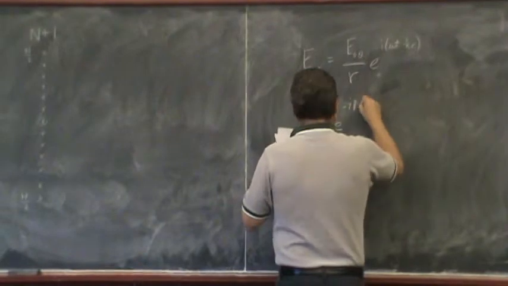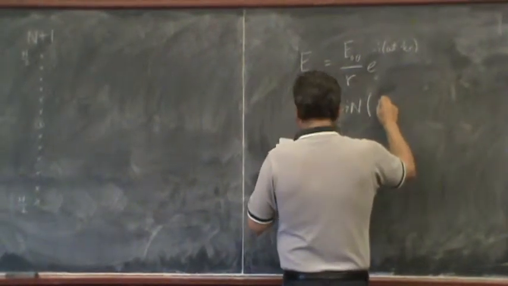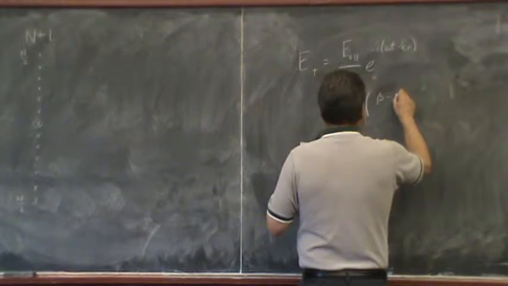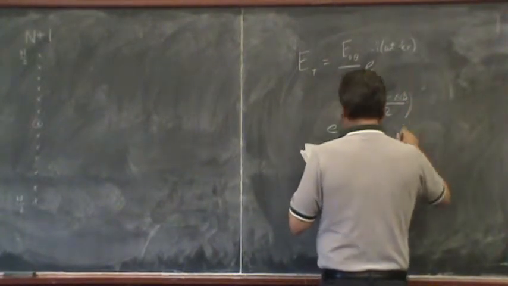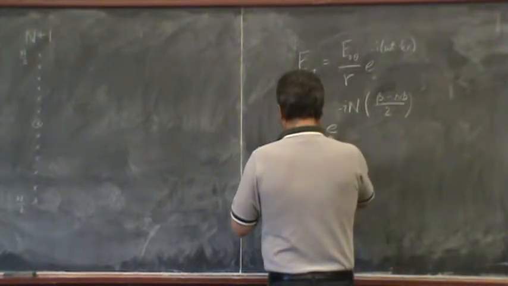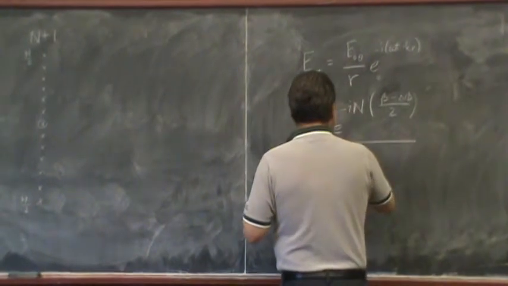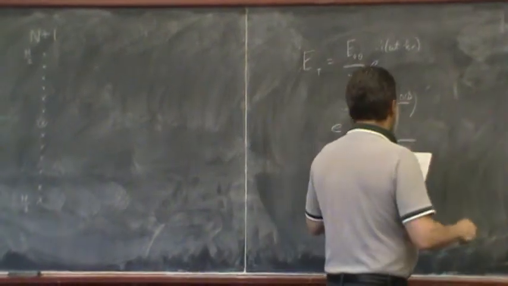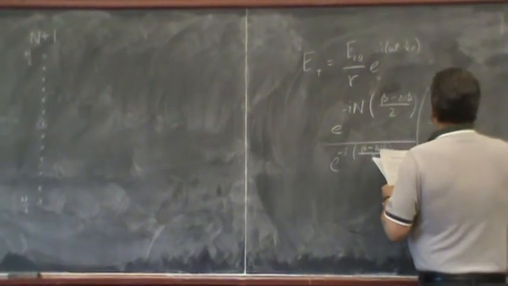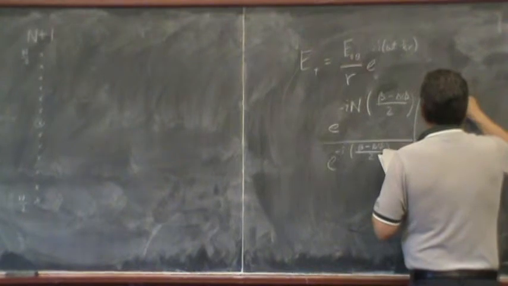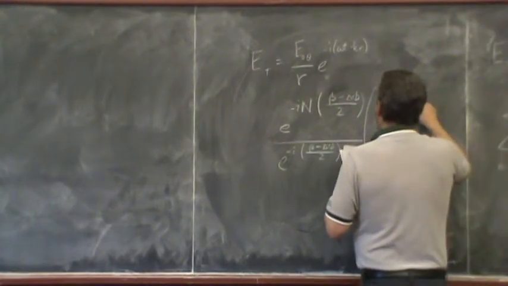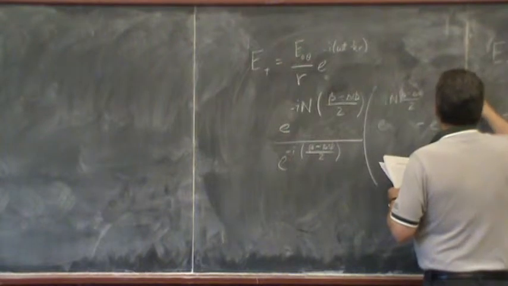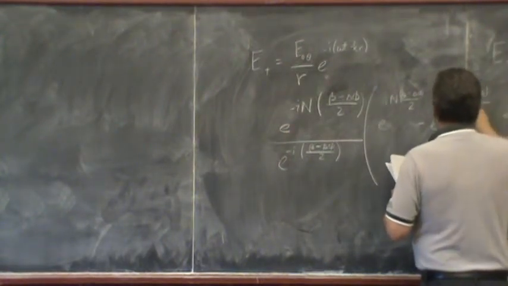So it's going to end up looking like this: e to the minus i n, and to make life easy for myself, I'll call that beta minus delta phi over 2, over e to the minus i beta minus delta phi over 2, times e to the i n beta minus delta phi over 2 minus e to the minus i n beta minus delta phi over 2.